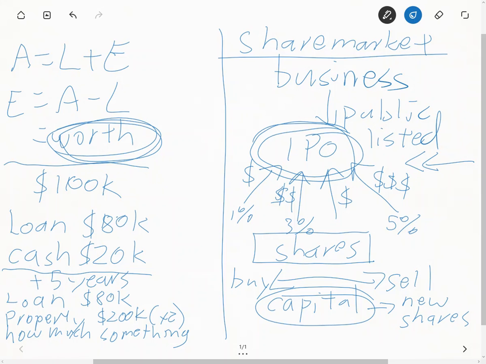So that is why the share market exists. Just at a high level, at a fundamental core level, this is why the share market exists.